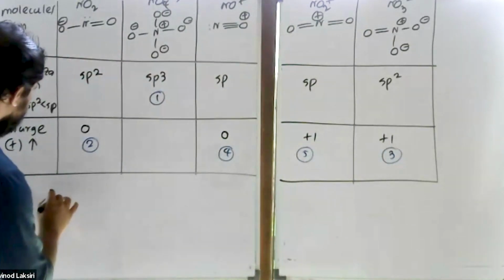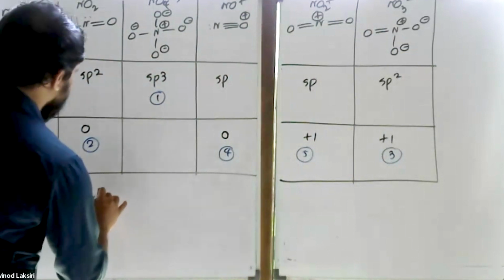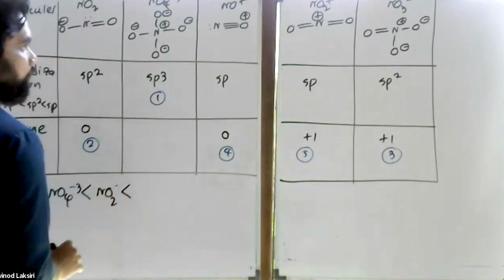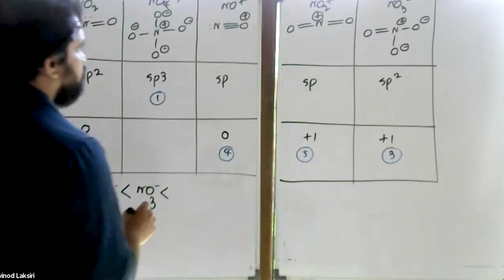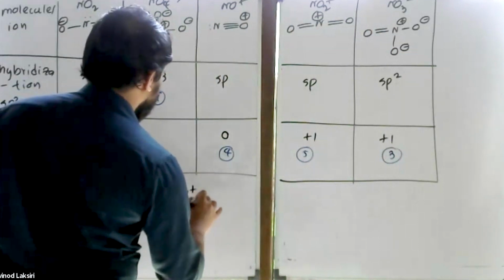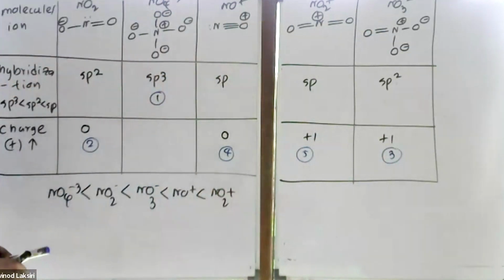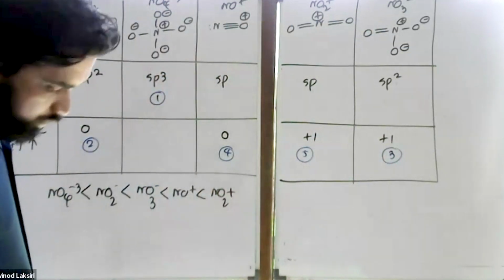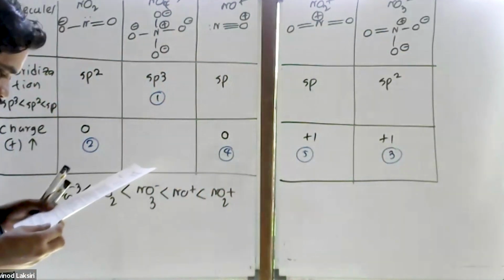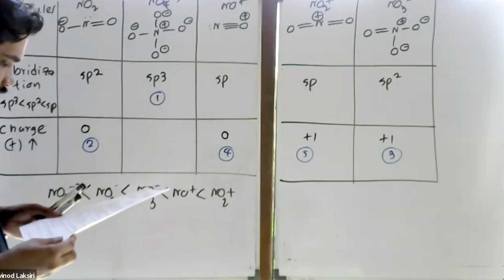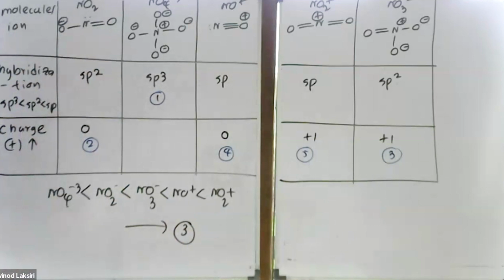NO4 3 minus is the lowest one, 1; NO2 minus 2; NO3 minus 3; NO plus 4; NO2 plus 5. So the answer is the third answer.